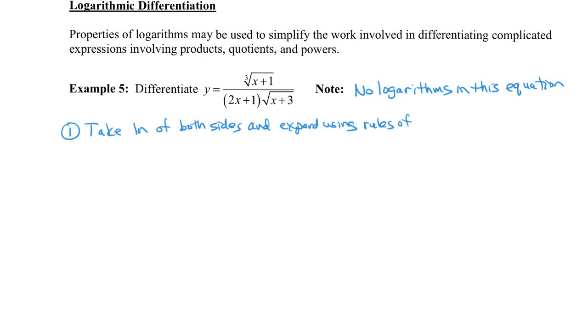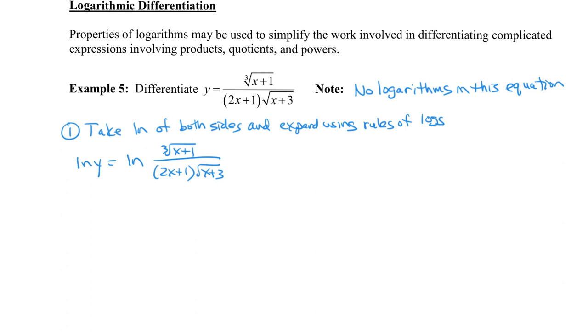Okay, so what we'll do is take the natural log of this side and this side. So I'll have the natural log of y equals the natural log of that whole expression, cubed root of x plus 1, 2x plus 1 times the square root of x plus 3.